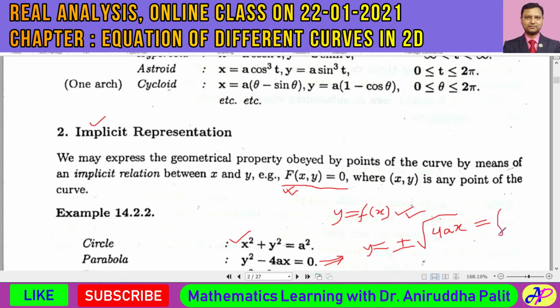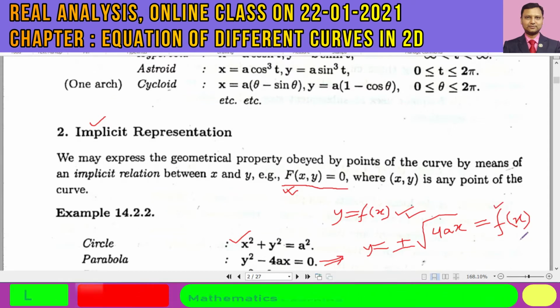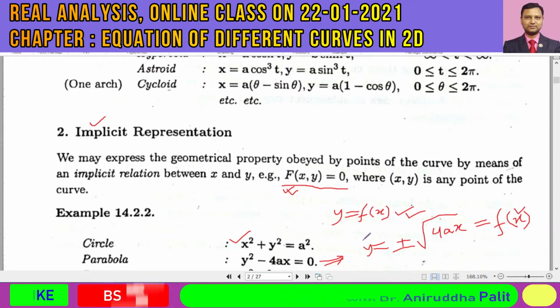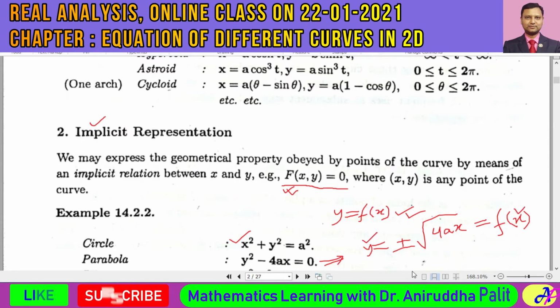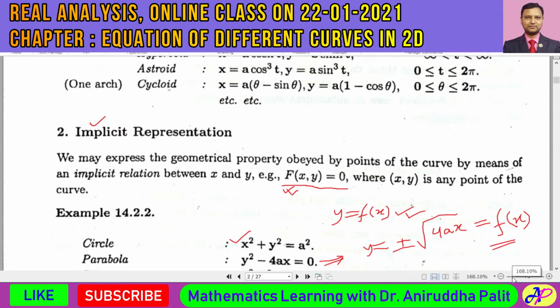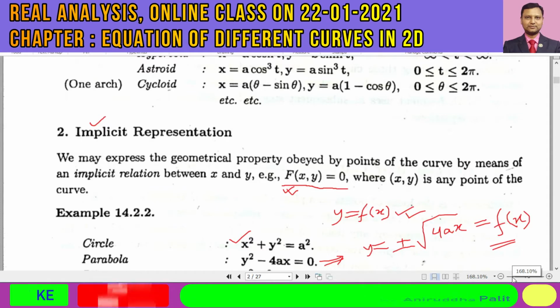Why is it not a function? Because the definition of the function says that f is a function when for a single value of x we get a single value of y. For every value of x, if we get a unique value of y, then only we say that f is a function. Otherwise it is not a function. It would be a relation, a one to many relation, not a function.